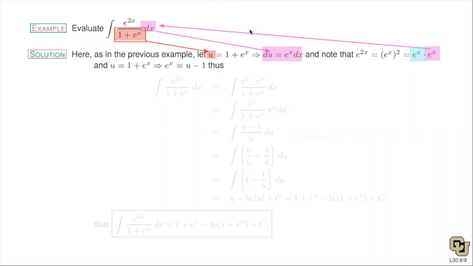Using the substitution, u equal to 1 plus e to the x, I can solve for e to the x. If I move the 1 over, I get e to the x equals u minus 1. And now I can replace this surplus e to the x that we had from the e to the 2x that didn't go with the dx to become a du. I can replace that extra e to the x with u minus 1.